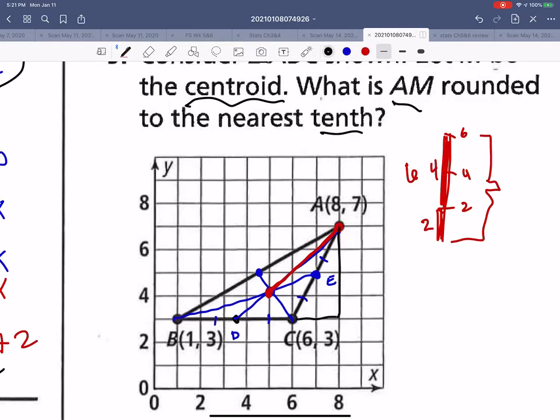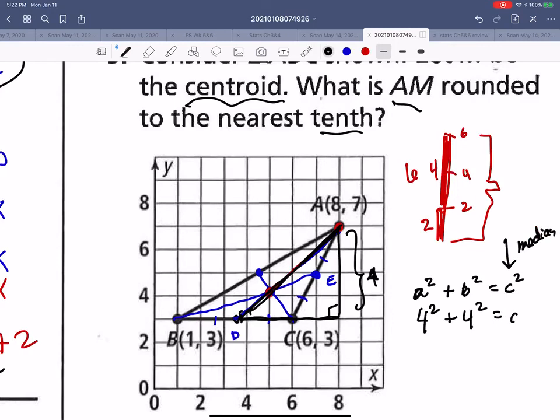So let's just kind of approximate here. If I made this a right triangle, that would be the hypotenuse of my right triangle. This is 4, so I could do a squared is 4, right? And this is 4. B squared is 4. And the length I need, my whole length of my median, is, I don't know, right? 16 plus 16 is C squared, so 32.